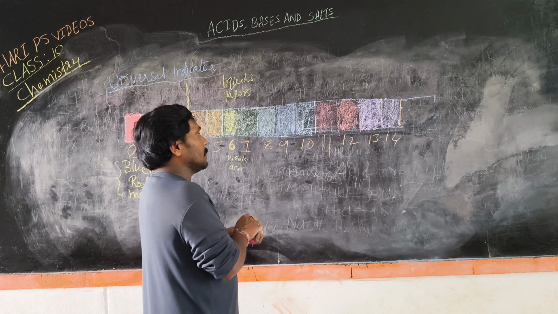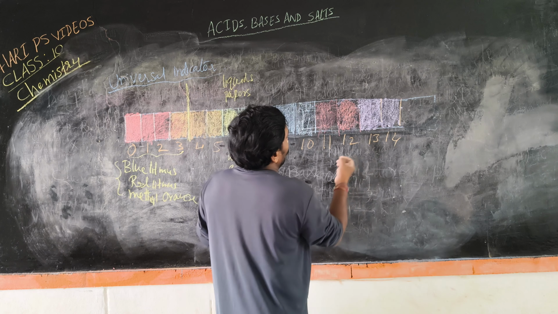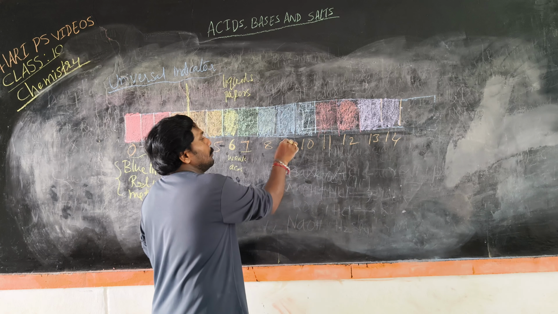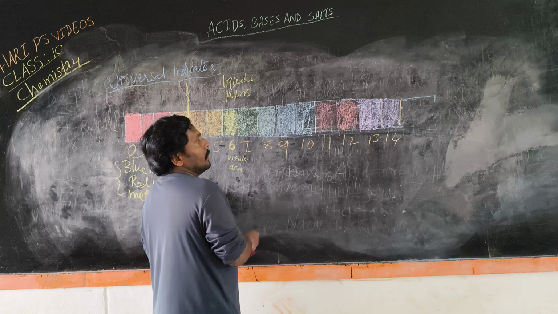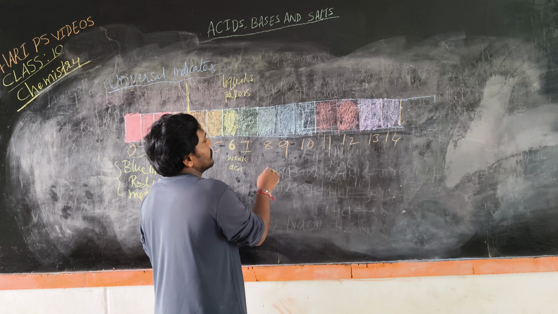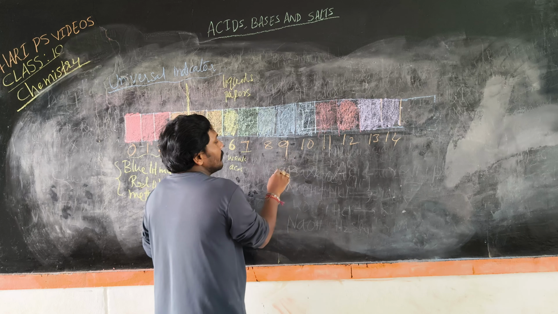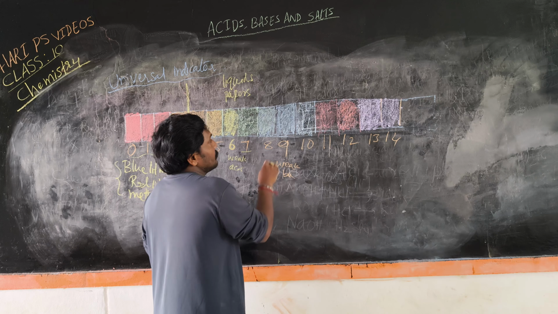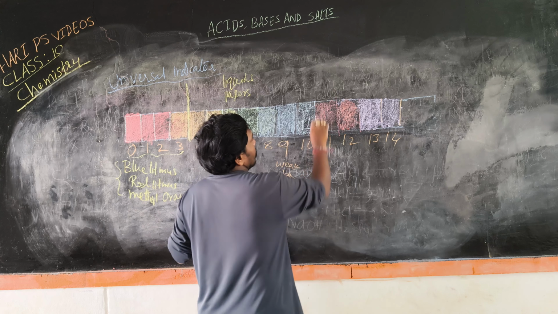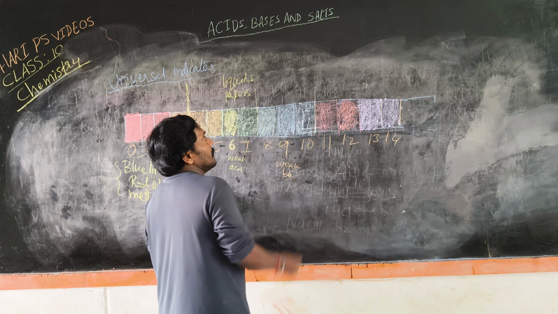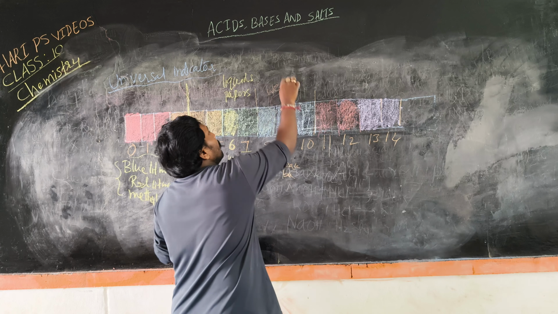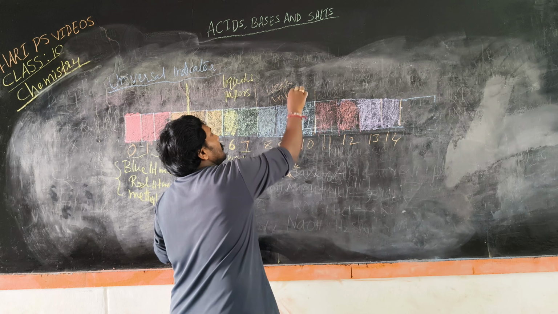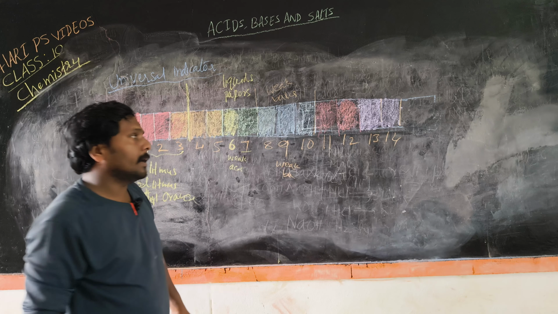If the given solution shows blue, then we can say that it is a weak base, as we know 8 to 10 is the example for weak bases.